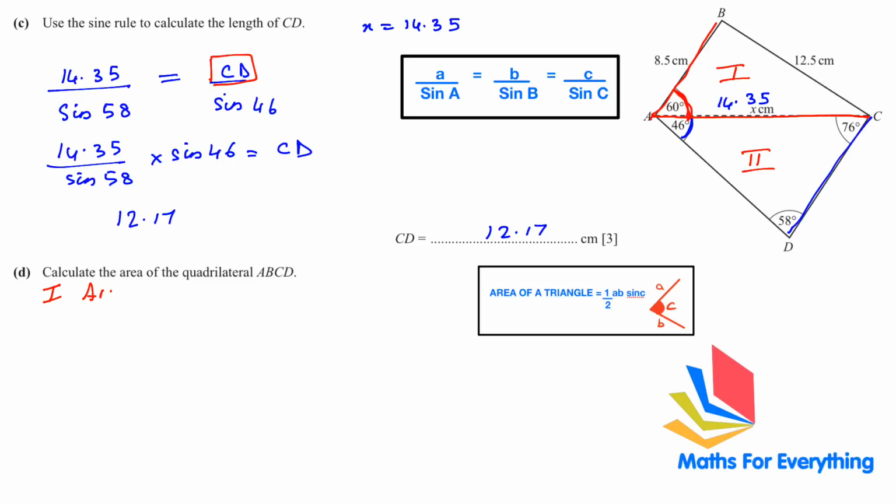So area is equal to half times these two sides, which is 8.5 and 14.35, multiplied by sine 60. We will get 52.8. Now let's move on to area 2.